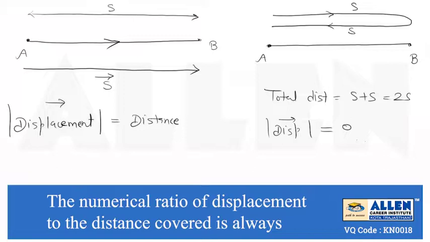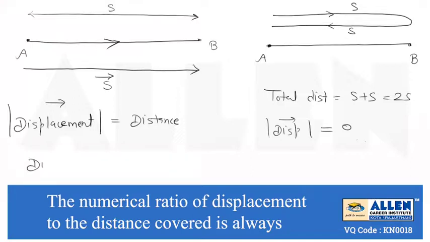So the summary is, distance and magnitude of displacement can both be the same, but the condition is the particle is moving on a straight line in one particular direction. But when the particle changes direction, the value of distance is always greater than the magnitude of displacement.